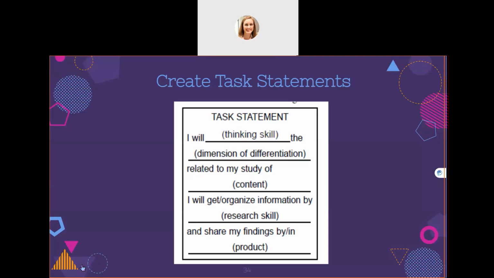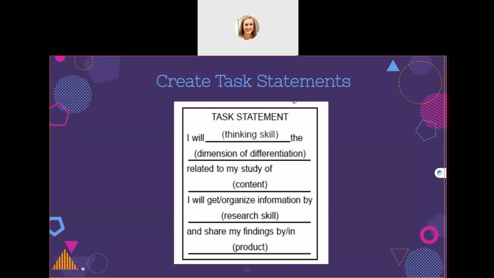So you can try out a few task statements. You can change the wording to differentiate the task or give choice. This comes from J. Taylor and Associates, and they have a flip book where you can find different thinking skills, the dimensions of differentiation. You'll know what content you're relating it to, and then their research skill and the product that they're going to produce.